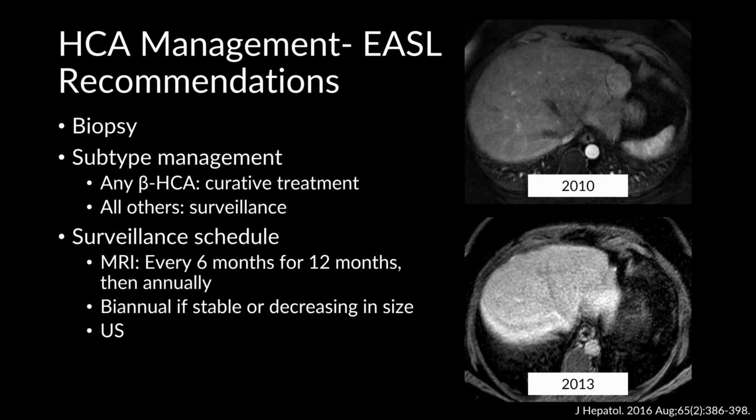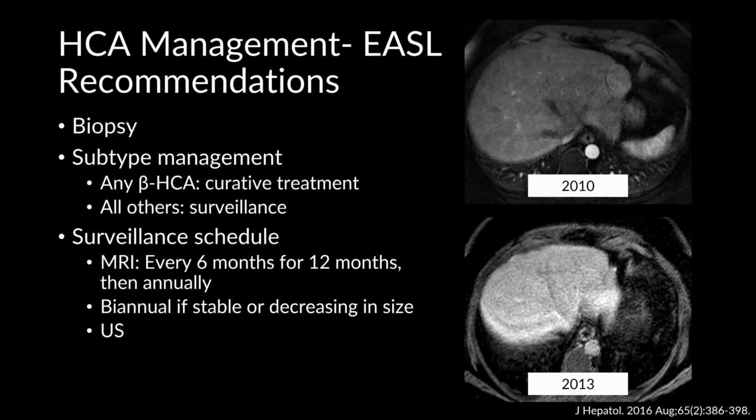As far as subtype management, the beta-catenin lesions should all be resected, or curative treatment is defined by a surgical resection. Embolization is not considered adequate. All the other ones can be surveyed. The surveillance schedule includes an MR every 6 months for 12 months, and then annually after that if the lesion stays stable or diminishes in size.